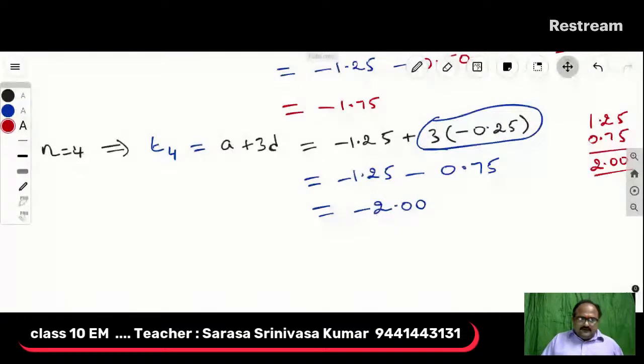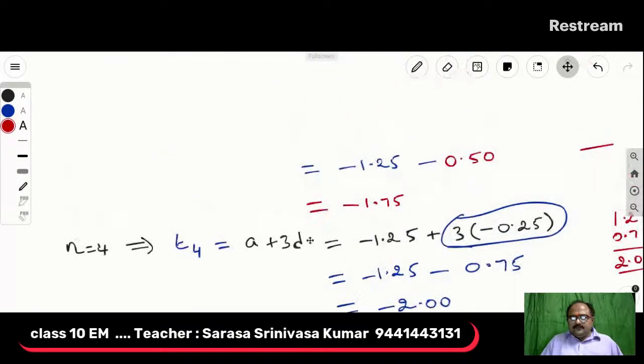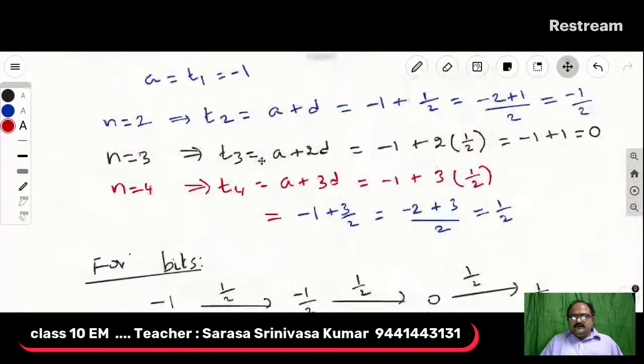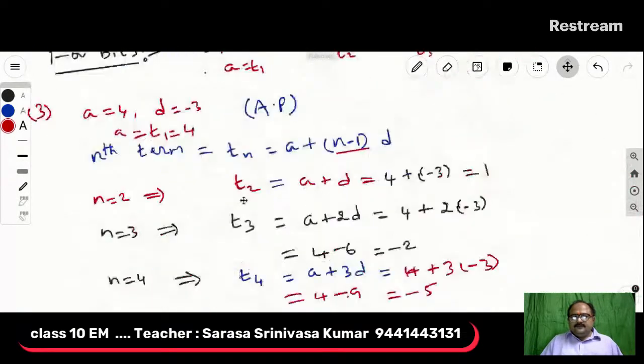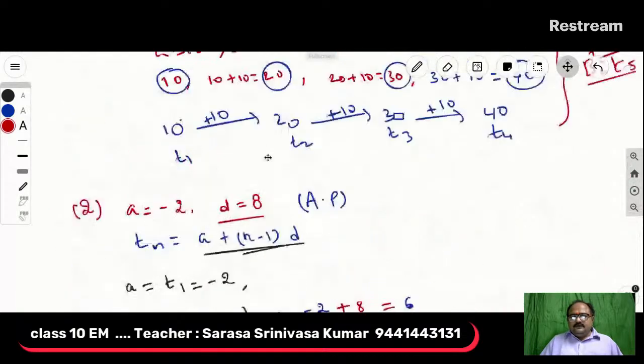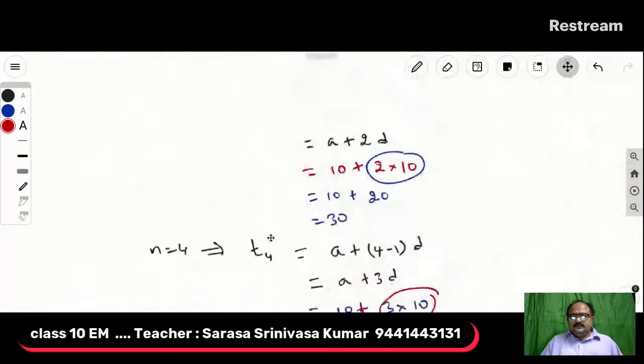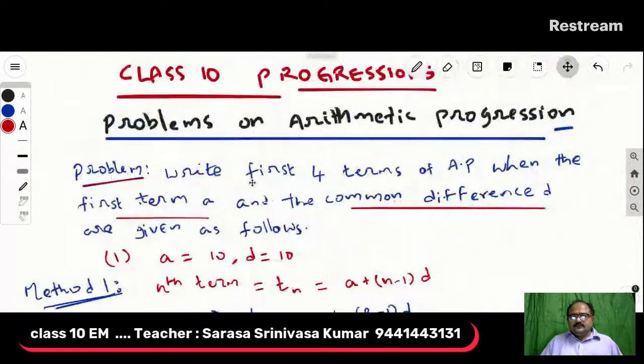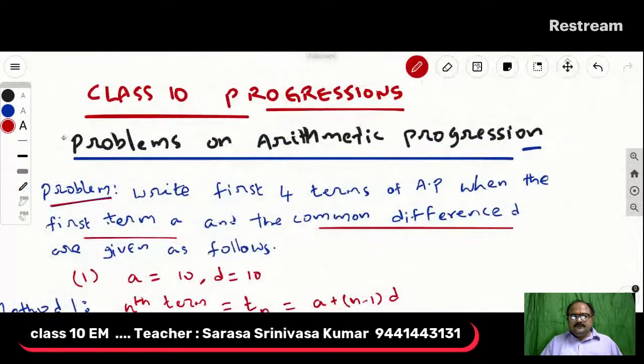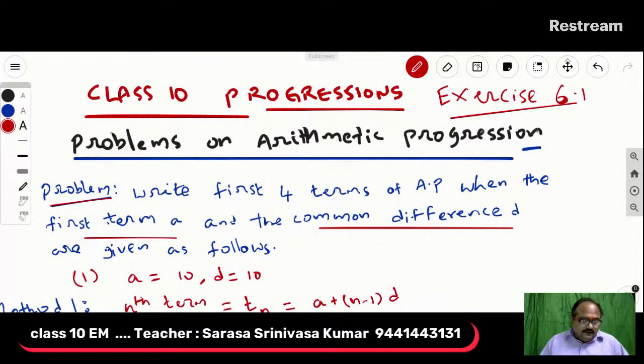This is exercise 6.1. These problems are taken from exercise 6.1. You can refer to page number 133. These are taken from the textbook only.